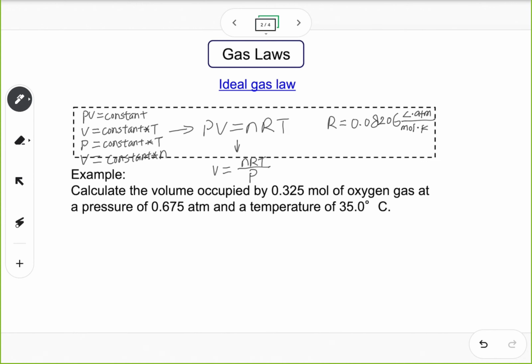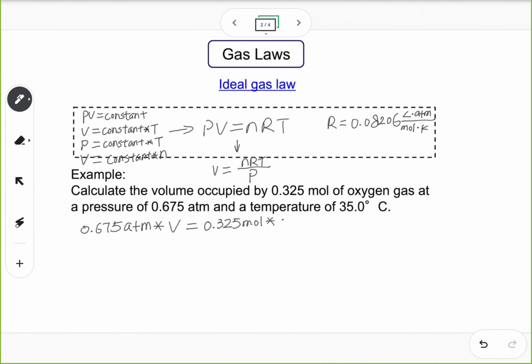So PV equals nRT. P is 0.675 atm times volume. Volume is unknown, so V equals nRT, n is 0.325 mole.